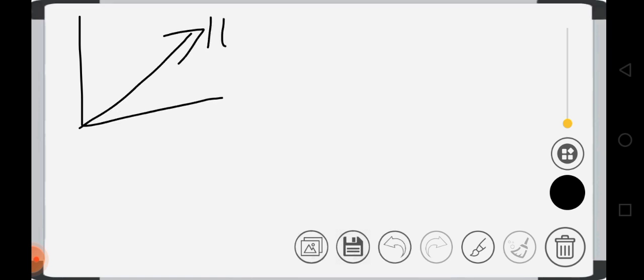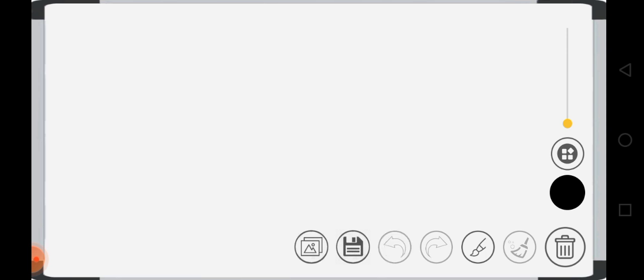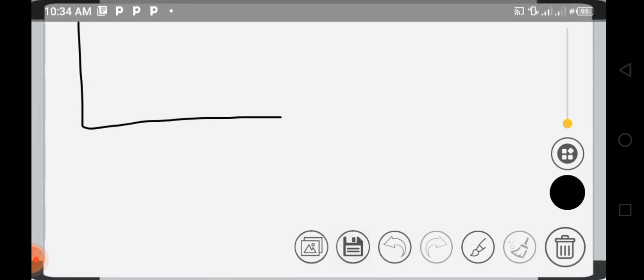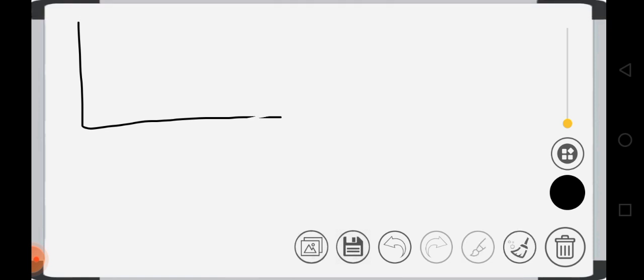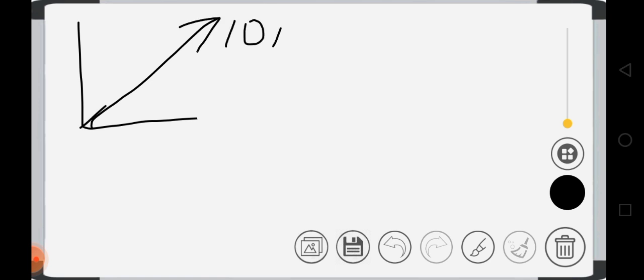Let's say here is 10 newtons and here is 30 degrees, and they say find the components of this force. This one is horizontal.